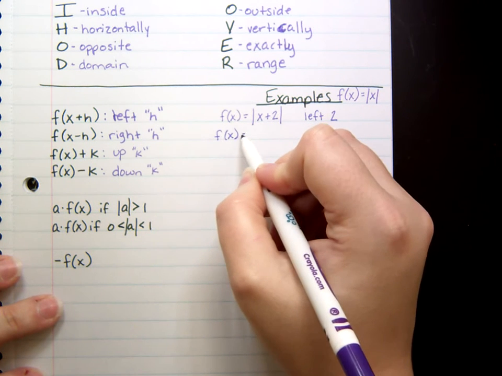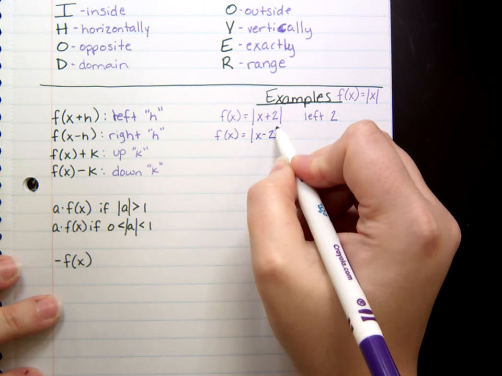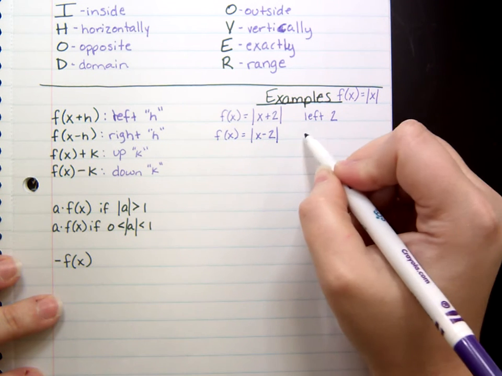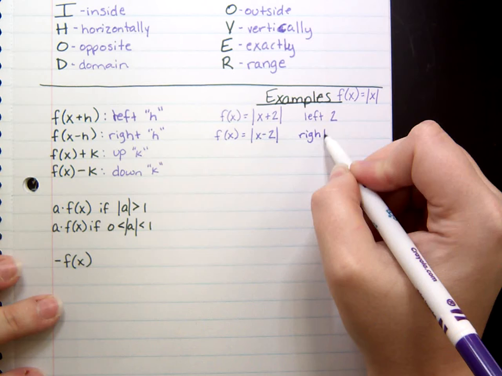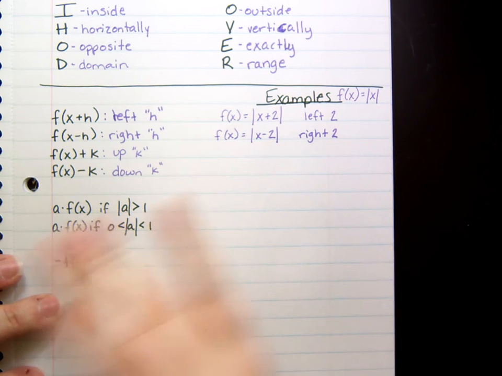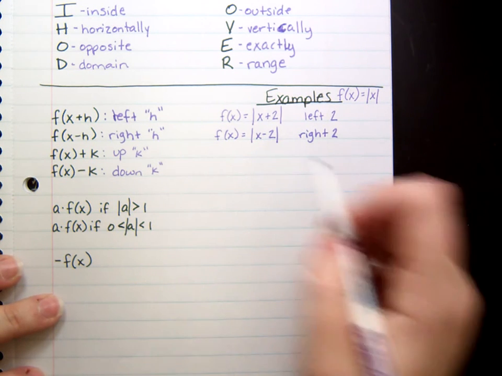If I had absolute value of x minus 2, this means we took the parent function and moved it right 2 places. So all of your points shifted right 2.